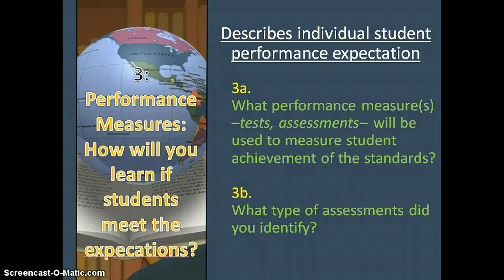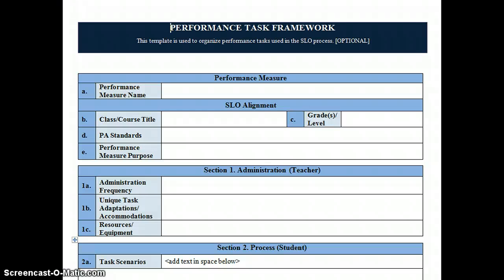In your template, you will complete the name of the measures and the type of assessment, in addition to 8 other components. For each performance measure, it will be helpful to complete the performance task framework. First, identify the name of the test or assessment.